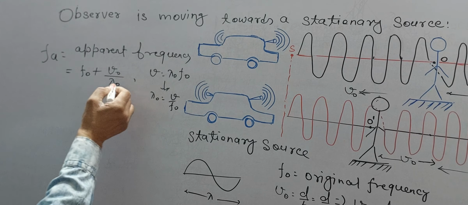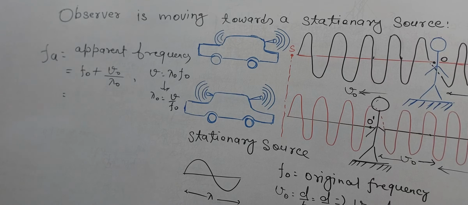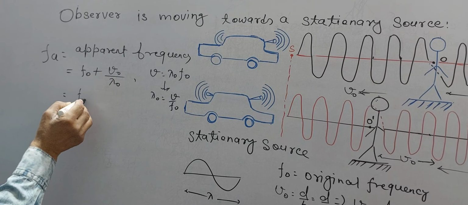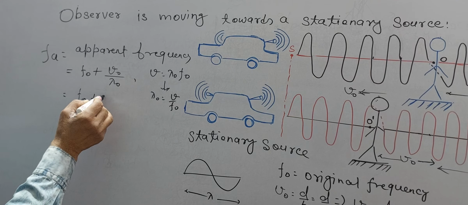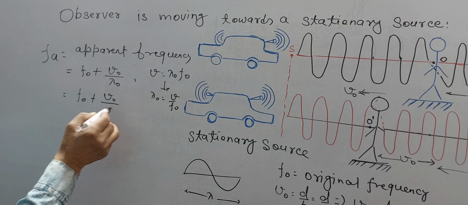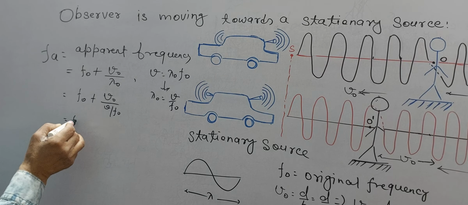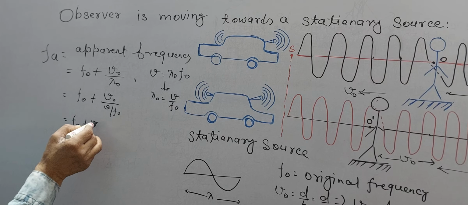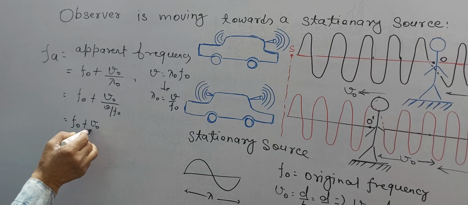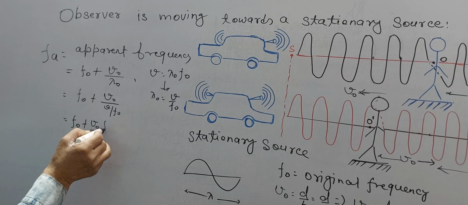If you place these values here, the apparent frequency which is listened to by the observer would be v0 divided by V upon f0. After simplification, it comes out f0 times v0 upon V.